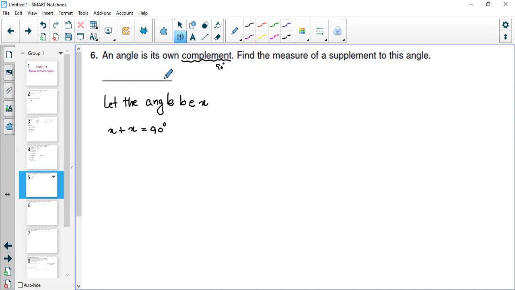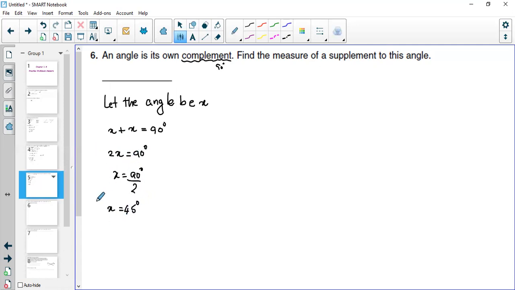Own means by itself, it's a complement, which means there are two angles which you add will give you 90, but they did not tell us what is the measure of one angle. So in such cases, we do something like this. So x plus x is 2x, which is equal to 90 degrees. So x is going to be equal to 90 degrees divided by 2. So x is going to be equal to 45 degrees.